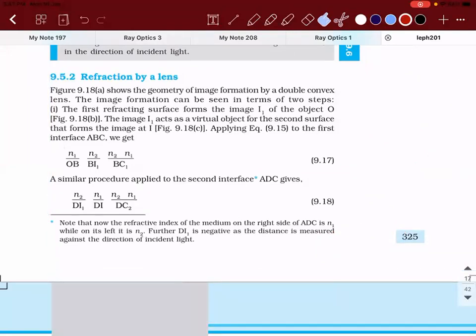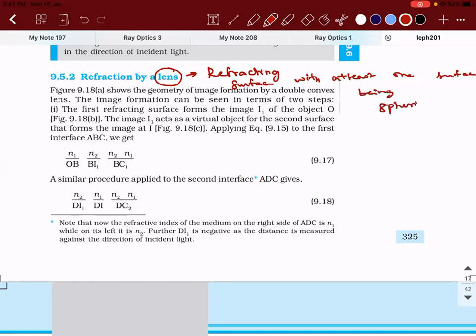So basically, what does lens mean? Lens is a refracting surface with at least one surface being spherical.